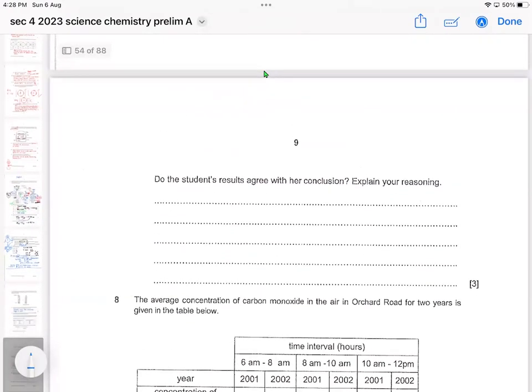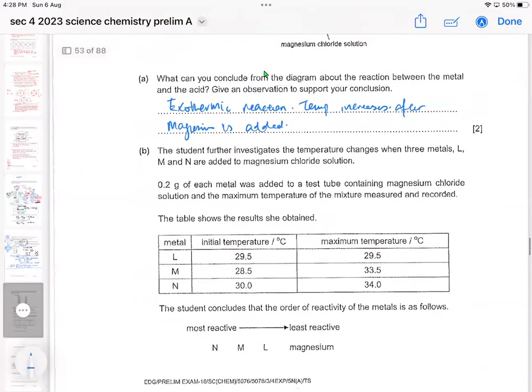Do you agree with this? So what happens in this reaction is each metal is added to the magnesium chloride. So we are actually looking out for a displacement reaction.